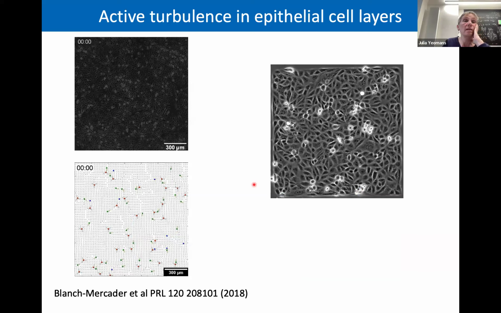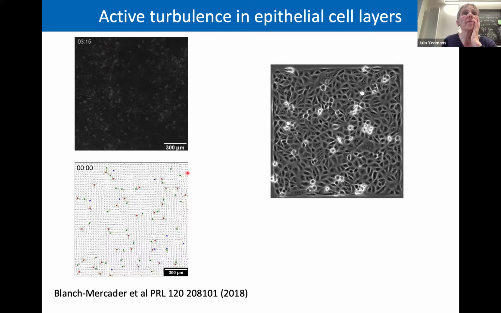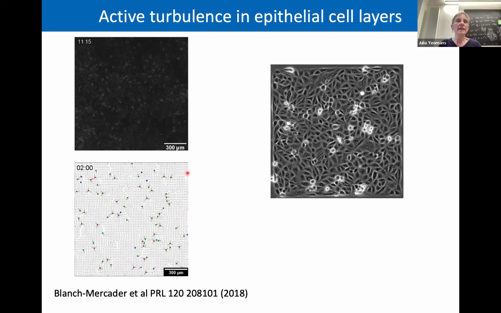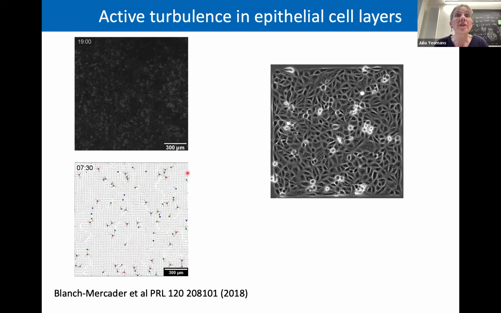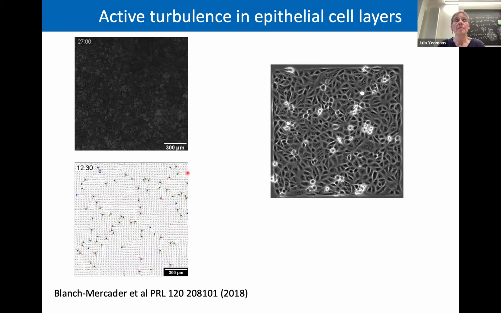These are pictures of human bronchial epithelial cells. And the picture at the bottom here is topological defects, where the red ones are -1/2 defects and the green ones are +1/2 defects. And you can see very nicely that you can identify topological defects in this system.